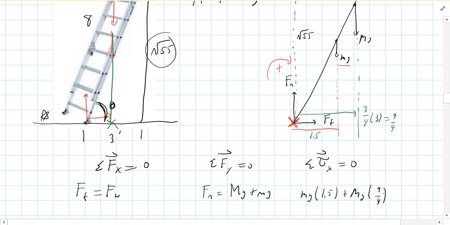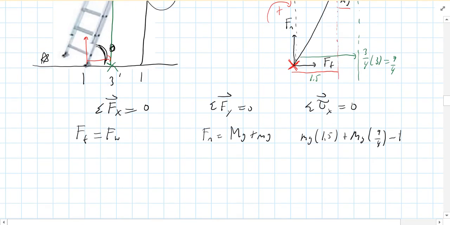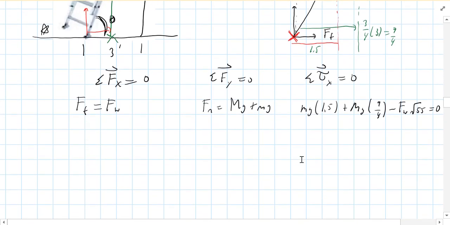And then the wall is trying to make the ladder go counterclockwise, so that's minus force of the wall times root 55, and that all has to equal 0. Remembering that little m is 20, big M is 100, and g is 9.8, you've got everything except force of the wall. If you plug the numbers into your calculator, you should get the force of the wall is 337 newtons. So double check me and make sure you get that.